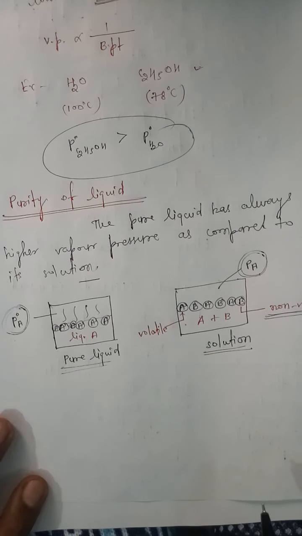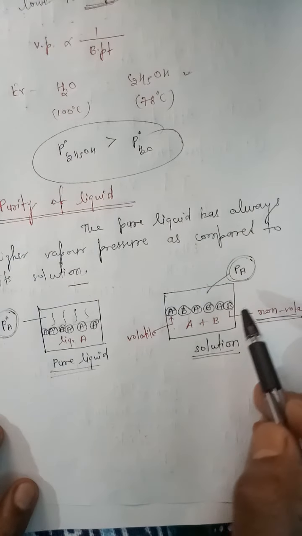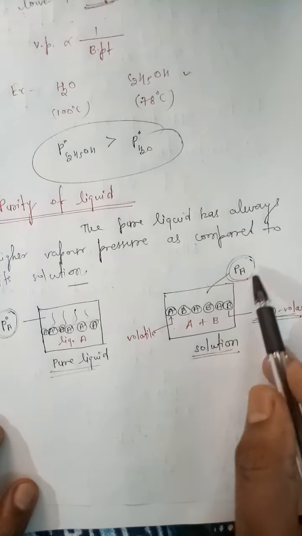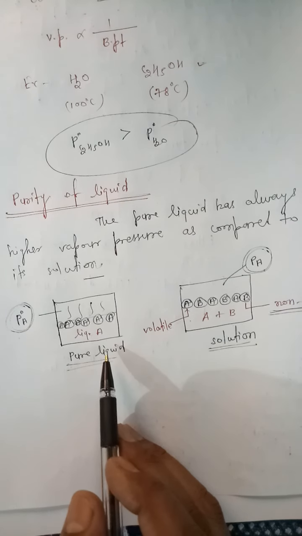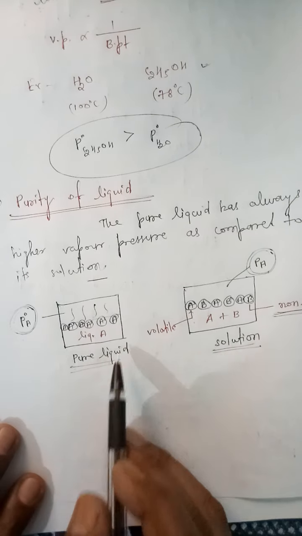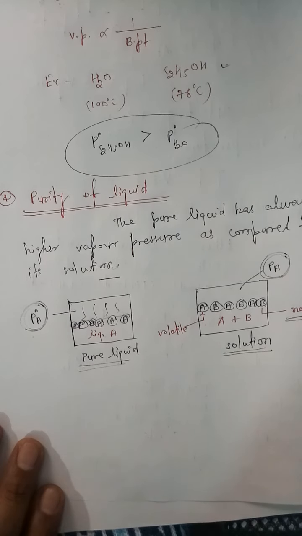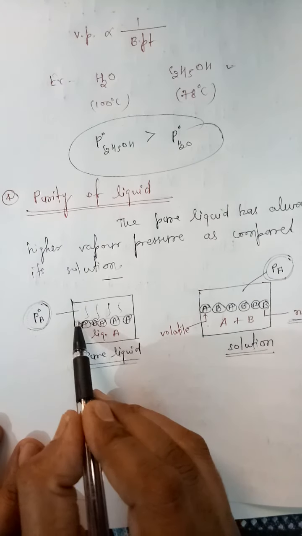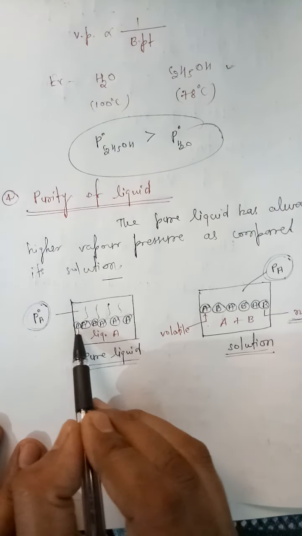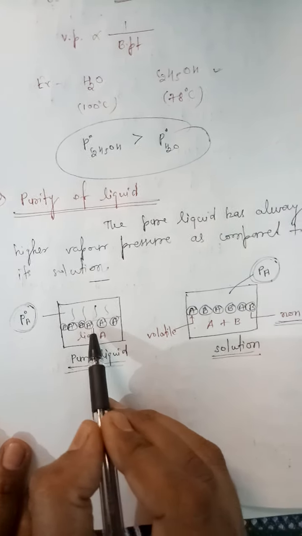So what's the reason? In the solution the liquid will have a lower vapor pressure. Here we can see this is the pure liquid, and in this pure liquid the entire surface is occupied by the liquid molecules only.